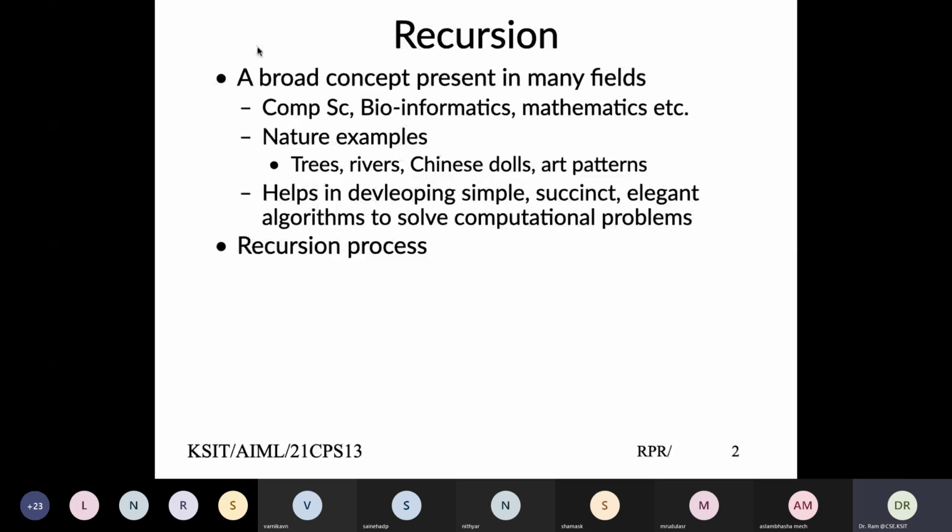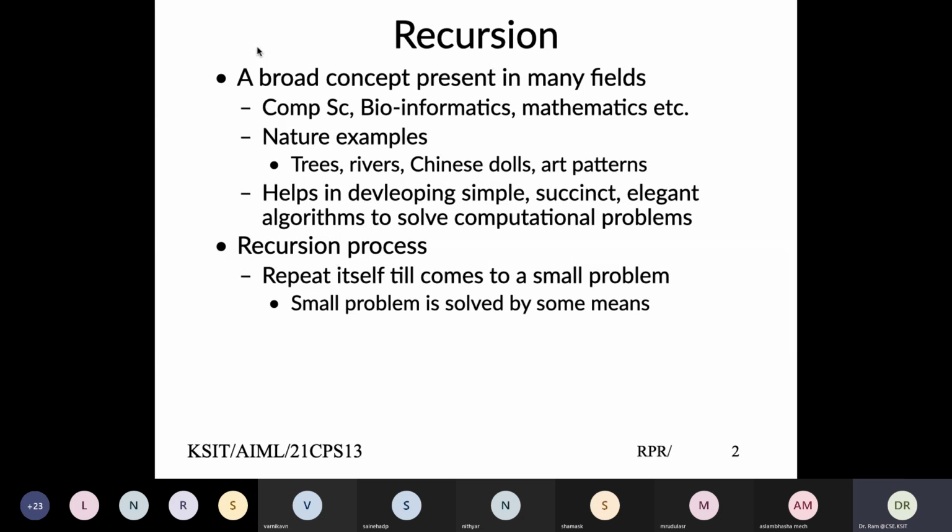Fundamentally, in recursion, all we do is, given the current problem, find a similar smaller problem, then a further smaller problem, and keep going to the smallest problem, which we can solve by some means, manually or by whatever logic. Once we solve the smallest problem, we use its solution to build the solution of the bigger problem.